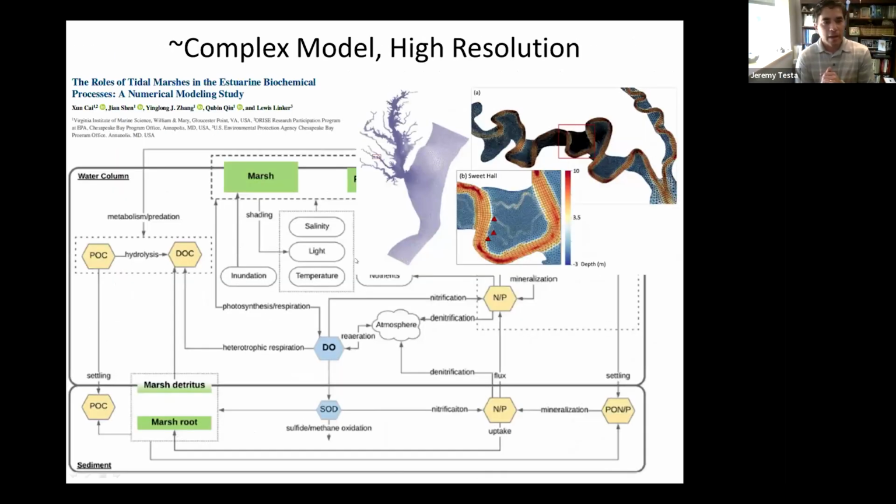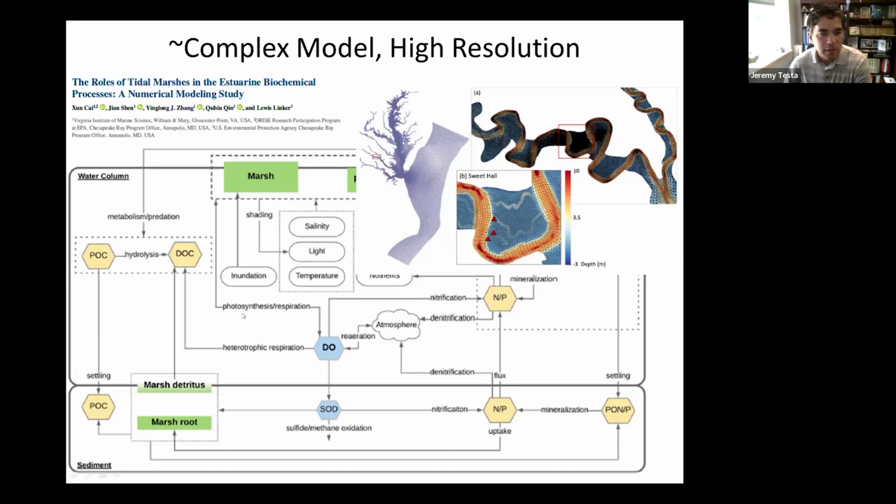And so I kind of want to just finish by highlighting one of the newer models that's out there that's trying to represent these marsh dynamics with a little bit more high resolution and sophistication. So this is from some of Nicole Tsai's work, who I think is on this talk. And this is not from the Patuxent, but it's from the York, which is a similar kind of environment in the same ecosystem.